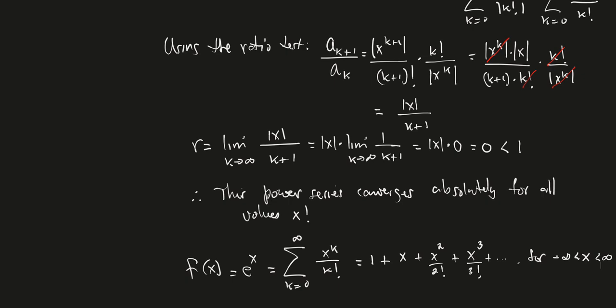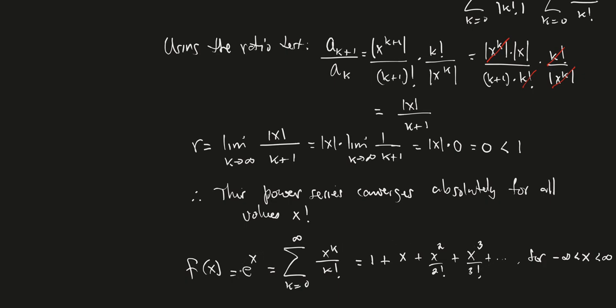So in the next video, instead of deriving a lot of these, I'm going to give you a short list of all the important ones in a nice little table, and then we're going to see how we can use that table to our advantage and find other power series representations for functions.